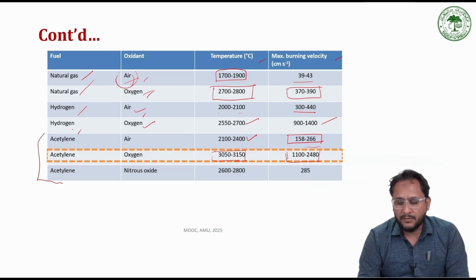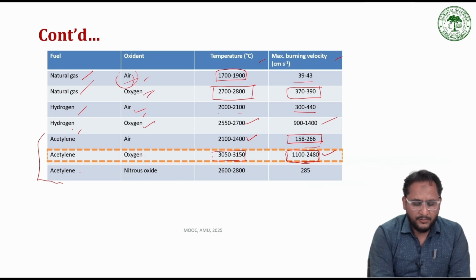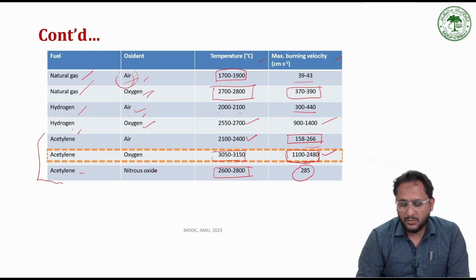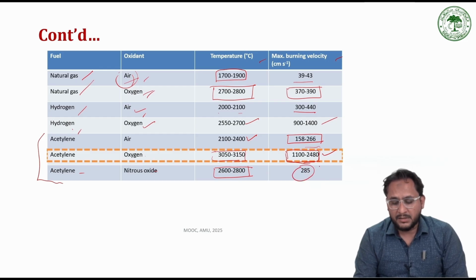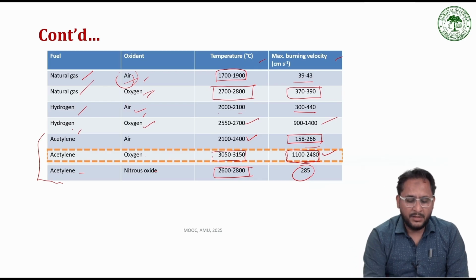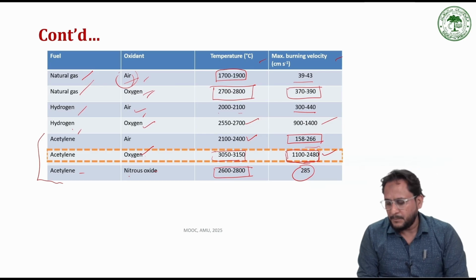So we can maintain high flow rates. With high burning velocity, a large amount of energy is available for atomization. For acetylene and nitrous oxide also, we can have high temperatures, although the burning velocity is moderate, it's not very high. But in some cases where there is a chance of oxidation of the sample due to oxygen gas, we use nitrous oxide as well.